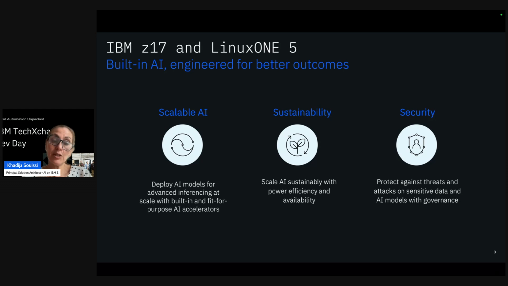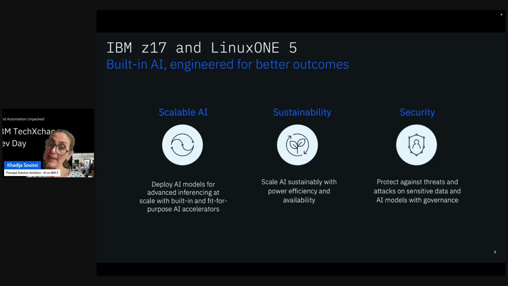Looking at how we are addressing those requirements with the newest technologies we have just introduced with the new generation of IBM Z and LinuxONE, respectively called Z17 and LinuxONE 5, which became generally available last week on June 18: we are building AI into the platform to allow for scalable AI, so that large language models are supported and AI models can be deployed for advanced inferencing at scale with built-in, fit-for-purpose AI accelerators.